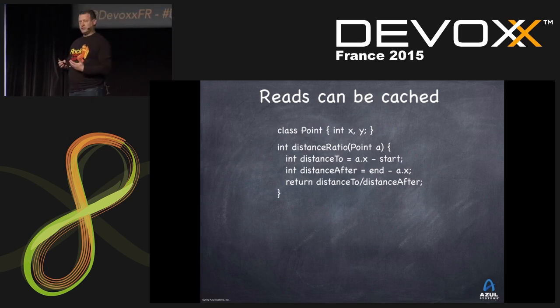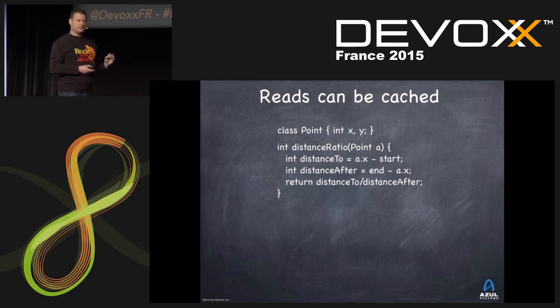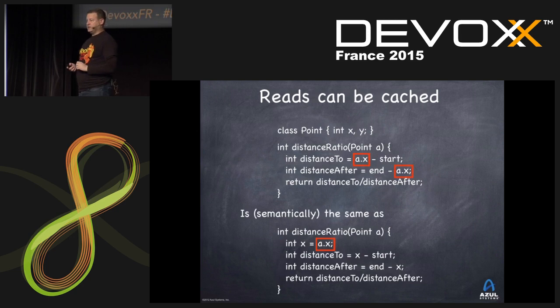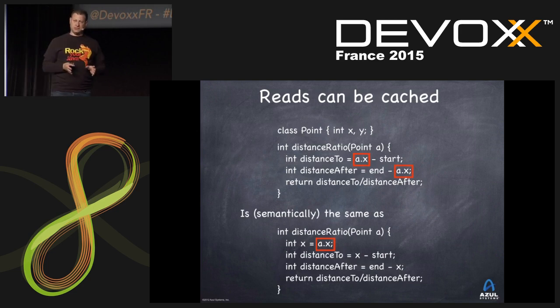There are 2 different things computed here that use a.x. Notice that a, the point class is up there, and x is an integer field that is not volatile. The compiler is allowed to cache non-volatile values that it reads. It's allowed to read it only once and use it as many times as it wants within this.